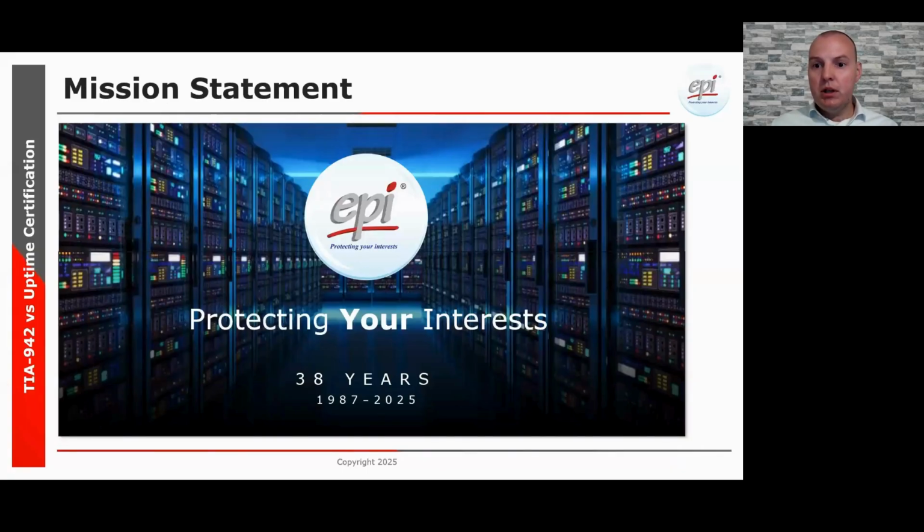Our mission is simple: protecting your interest. A commitment we've upheld for over 38 years. Every service we develop and deliver is rooted in this principle. We achieve this by making sure we hire the best in the industry, and my colleagues are not only exceptionally skilled, but also deeply passionate about their work and dedication of fulfilling this mission.